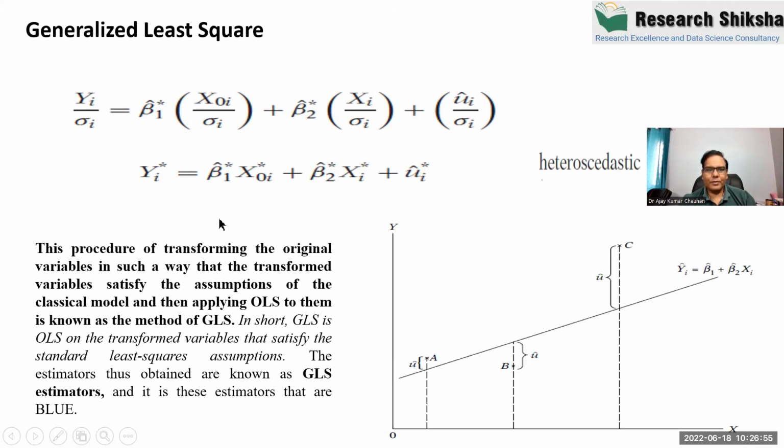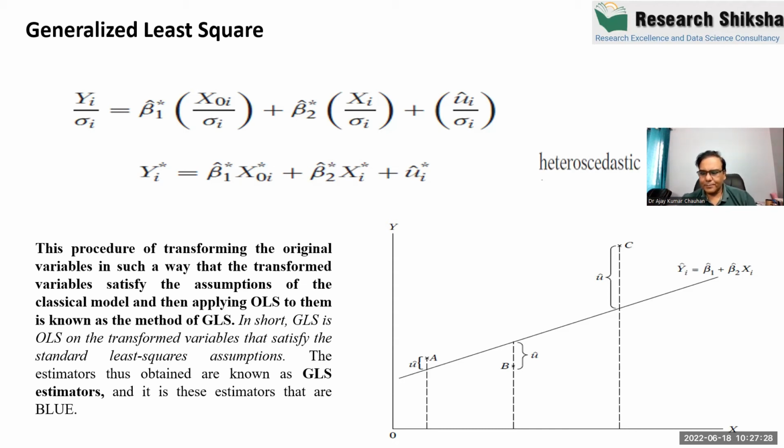This procedure of transforming the original variables in such a way that the transformed variables satisfy the assumptions of the classical model, and then applying OLS to them, is called the method of GLS. So sometimes GLS is used to remove the heteroskedasticity problem. It is recommended by many researchers that if your regression model is suffering from a heteroskedasticity problem, you can go for GLS. This is also one method available.